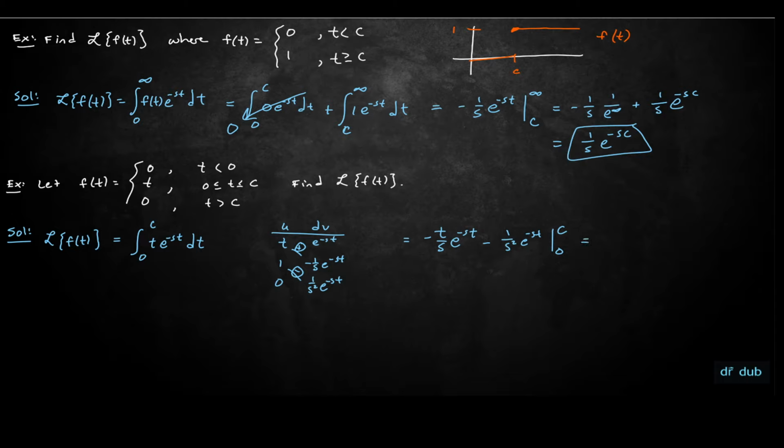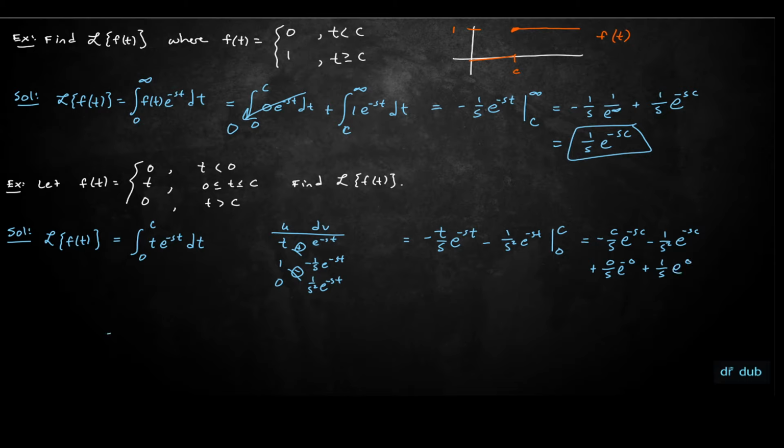So this is going to turn into negative c over s, e to the negative sc, minus 1 over s squared, e to the negative sc, plus 0 over s, e to the negative 0, plus 1 over s squared, e to the 0.